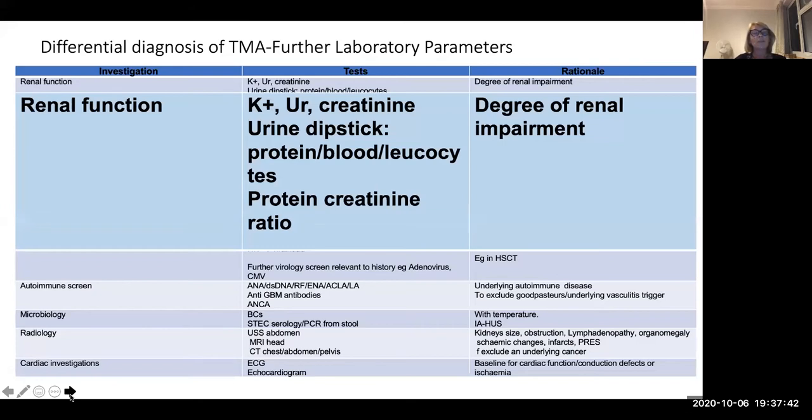But if the ADAMTS13 is not low, we do need to consider other conditions, so I'm thinking here of the diagnosis of a thrombotic microangiopathy, not just TTP. So we check the urine, dipping it to see if there is blood, protein or white cells, and we do something called a protein creatinine ratio, which we also do in clinic for TTP patients. We want to see how much protein is leaking.